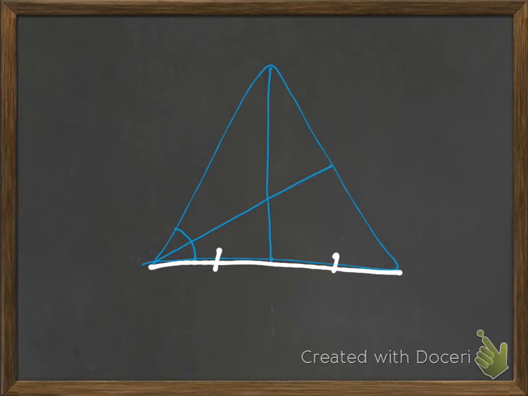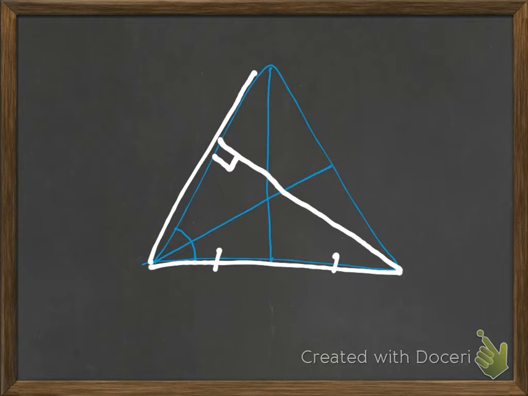And then finally, if one just goes to the other side and it is marked as 90 degrees, then that would be an altitude because that meets this line at 90 degrees. Okay, so those are the differences between the three.